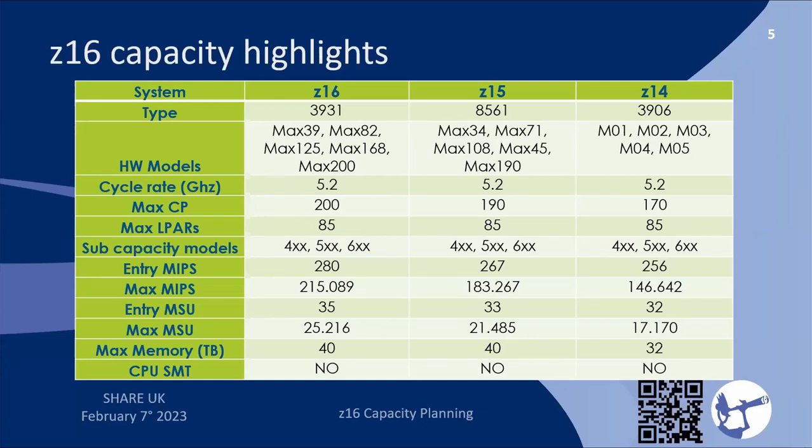And this goes forward again with the MSU and the max MSU. Two more interesting comments. First of all, the memory has not changed, but 40 terabytes is a huge amount of memory. So that is not where IBM focused their development this time.